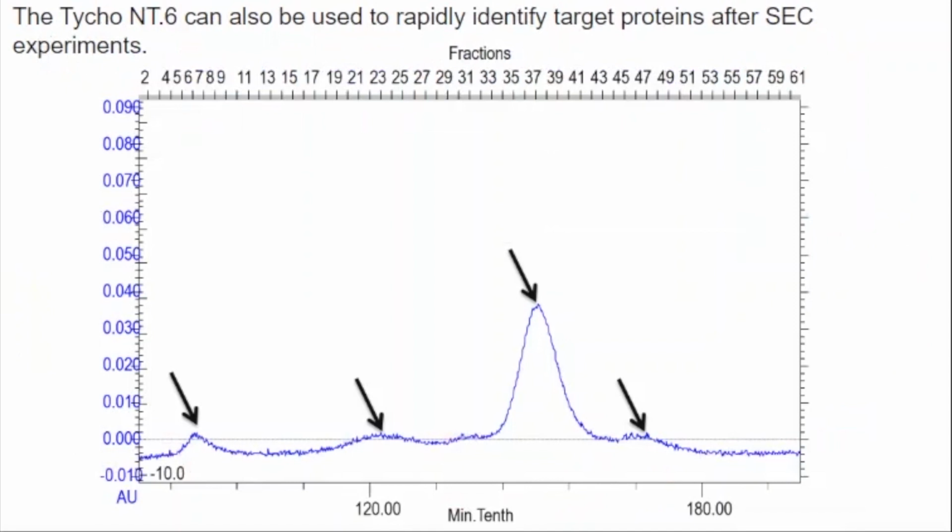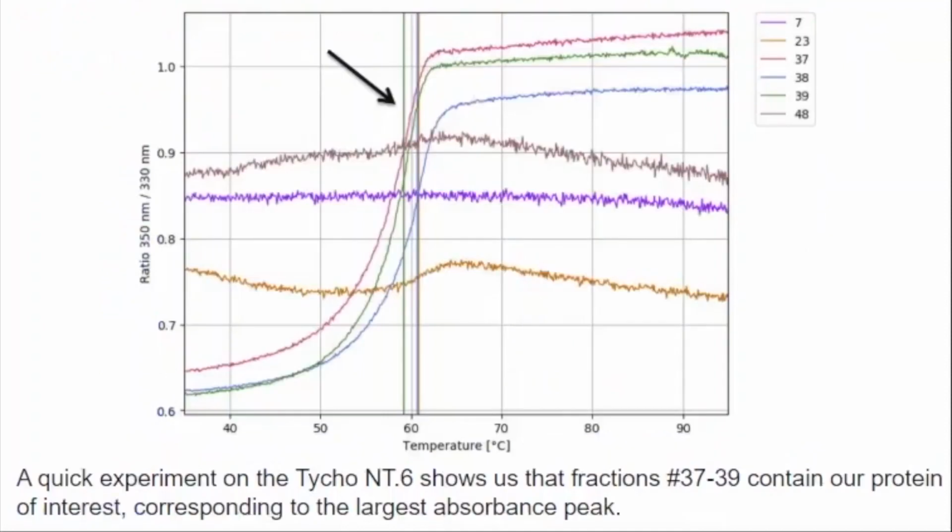And the last kind of column I'll discuss today is size exclusion chromatography. Similar principle to what we were discussing earlier, identifying areas of absorbance on the chromatogram and trying to rapidly identify those proteins using the Tycho.